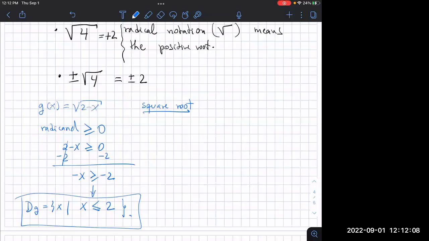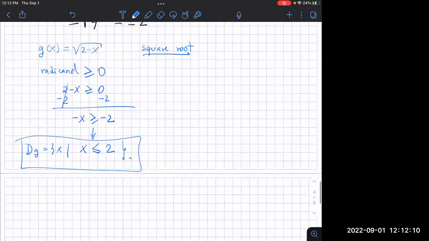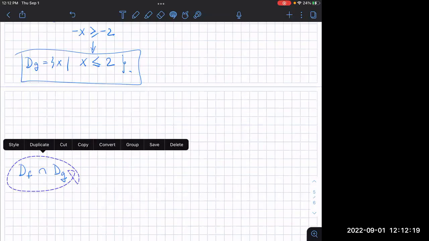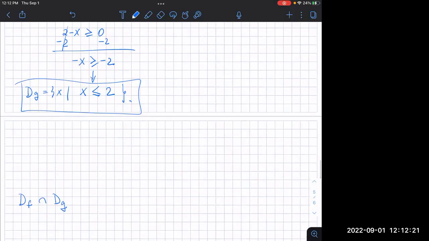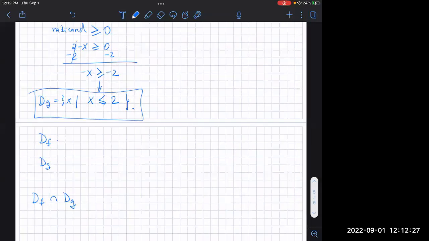Now let's look at the intersection of the domain of F and the domain of G. Actually, let's put this down here, and then look at one at a time. So domain of F and domain of G. Can you go up a little bit so I can finish writing?